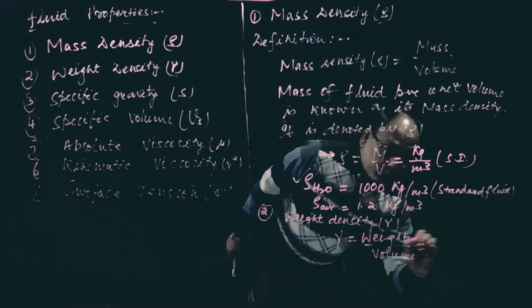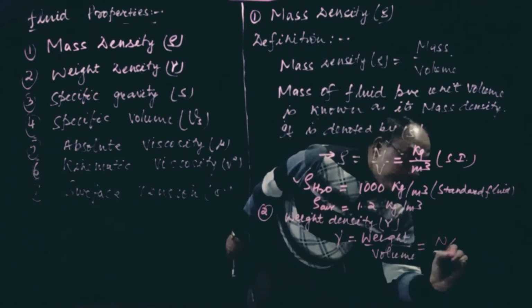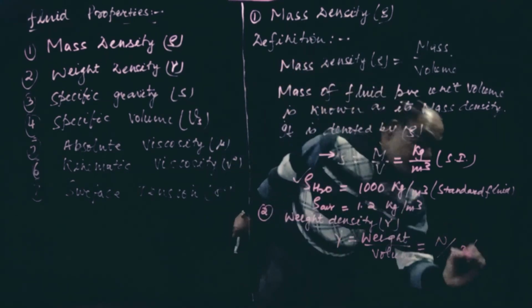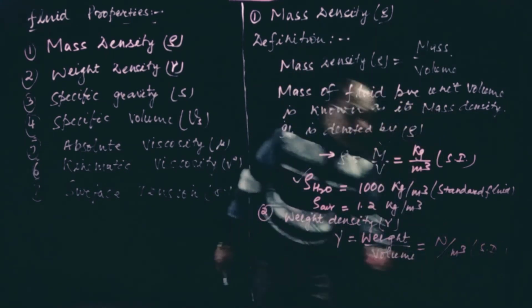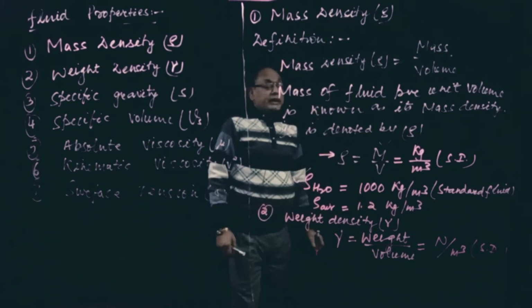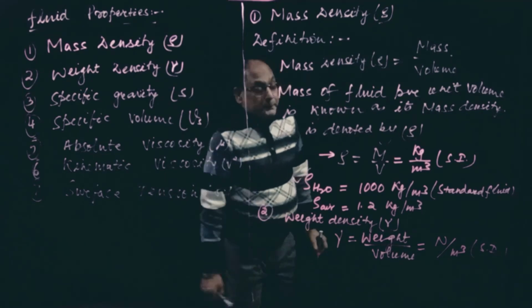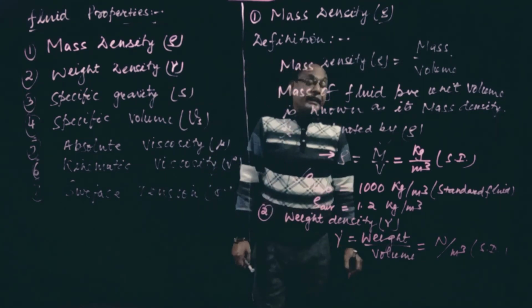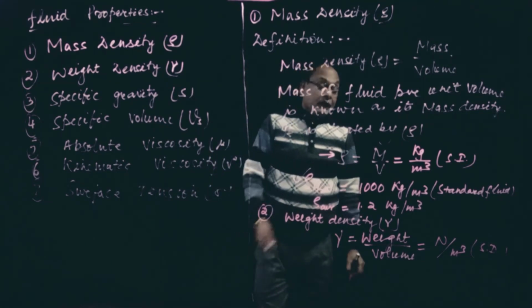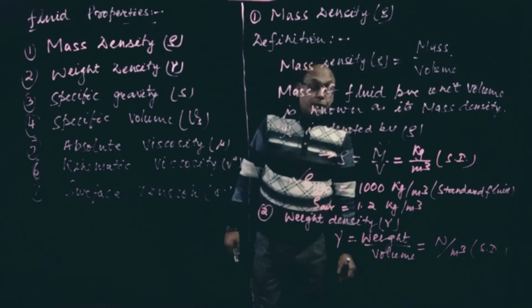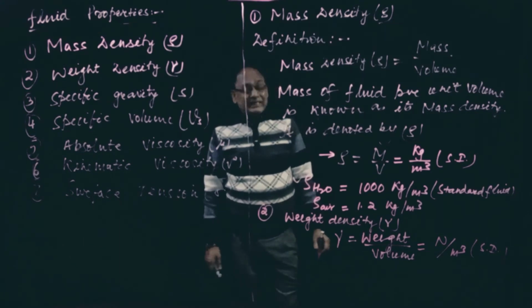Unit in SI is Newton per meter cube. In MKS units it would be kgf per unit volume, but here also, no need to remember that unit. Throughout the fluid mechanics syllabus we discuss only SI units.